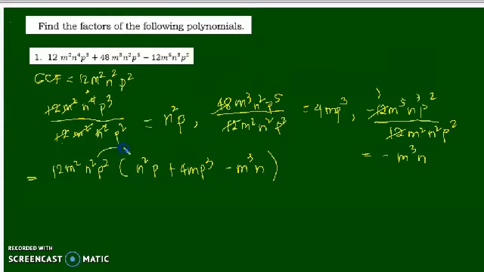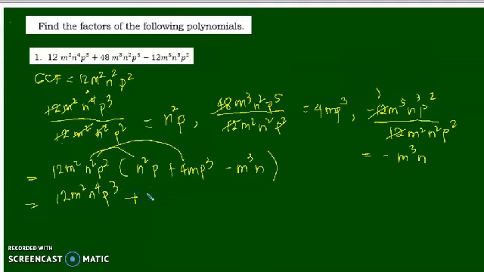So let's check. 12m squared n squared p squared times n squared p is equal to 12m squared n to the 4th p cubed. The next, 12m squared n squared p squared times 4m p cubed.